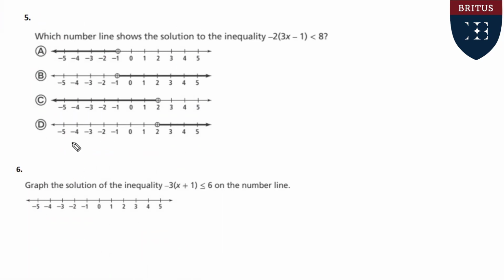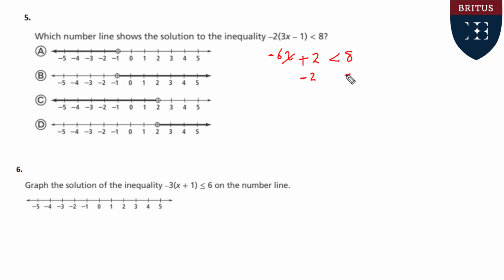To choose the correct graph, just solve the inequality. We will use the distributive property. Negative 2 times 3x is equal to negative 6x. Negative 2 times negative 1 is equal to positive 2, is less than 8.